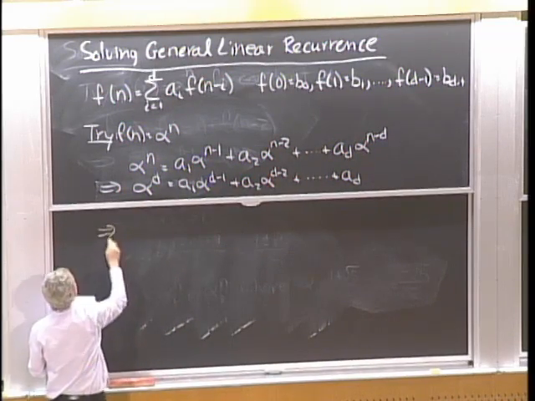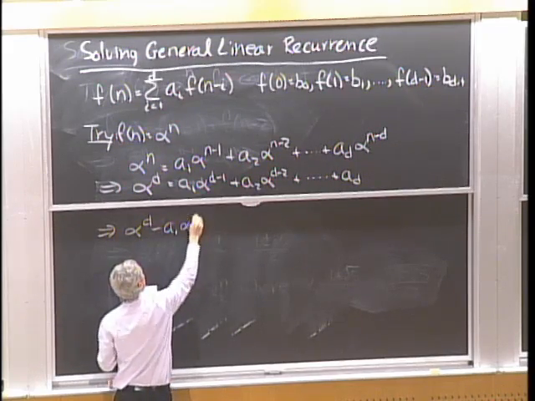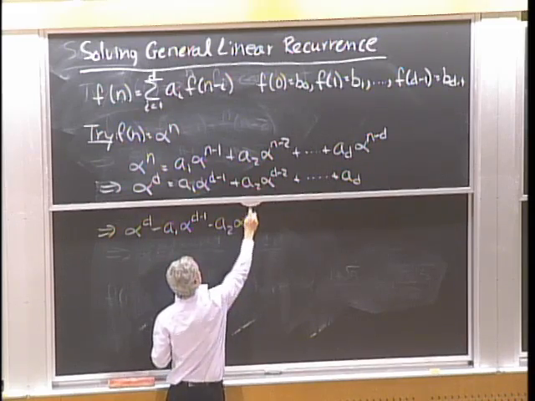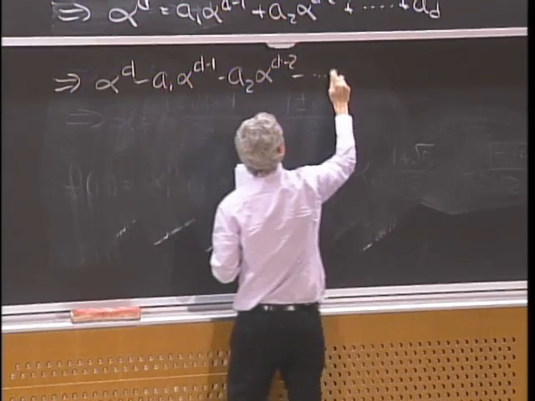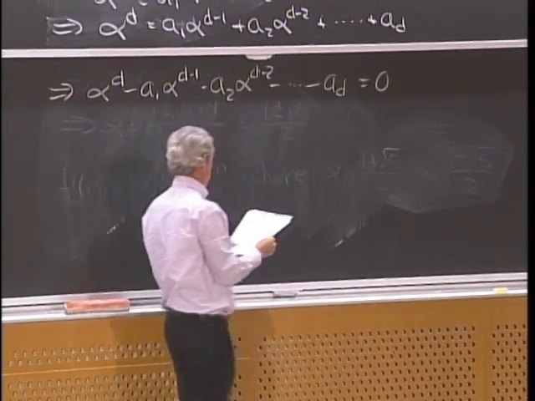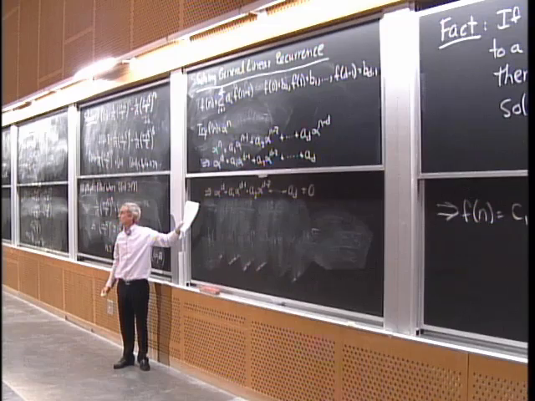So that means that alpha to the d minus a1 alpha to the d minus 1 minus a2 alpha to the d minus 2 minus ad is 0. This is called the characteristic equation of the recurrence.